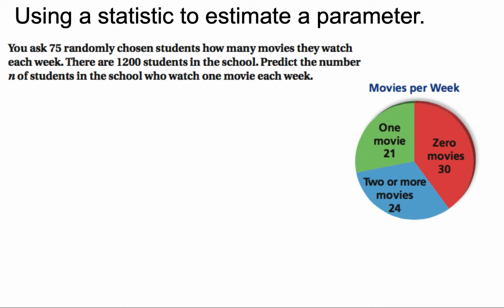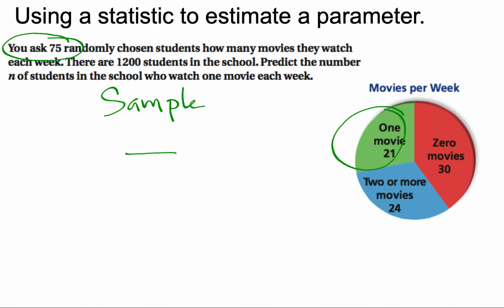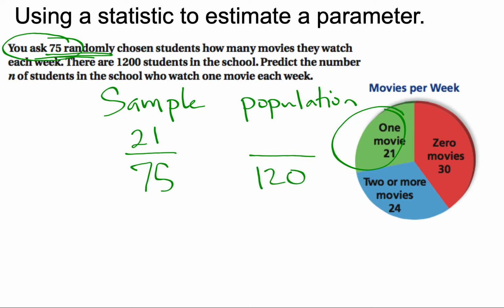Because we are assuming that the relative frequencies are the same, the relative frequency in the sample for one movie a week is 21 people out of 75, because they surveyed 75 people and 21 of them said one movie. Now we are going to assume that in the population the same relative frequency occurs, but we don't know how many people it is out of 1,200.